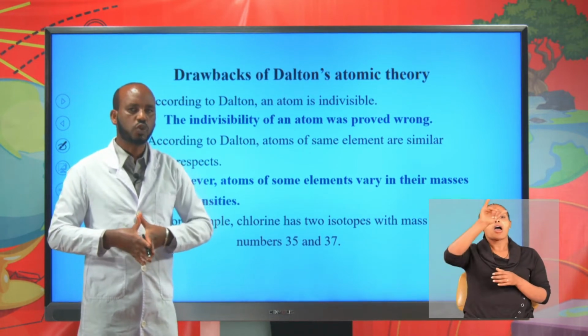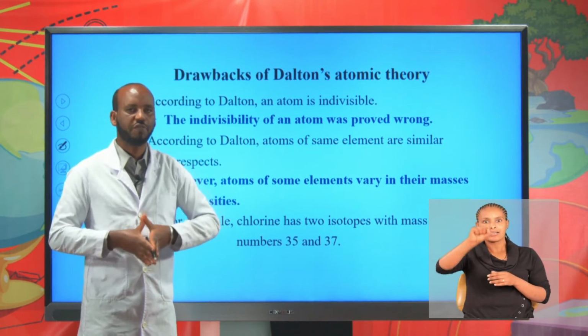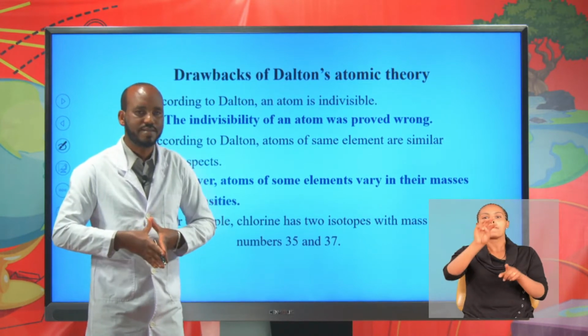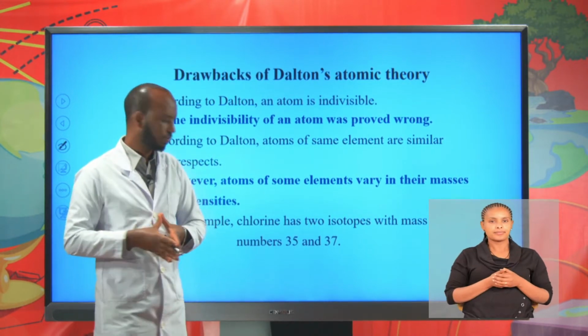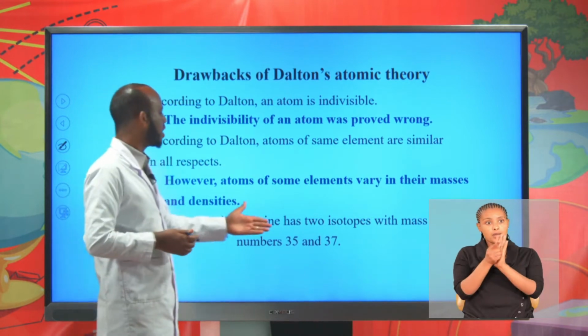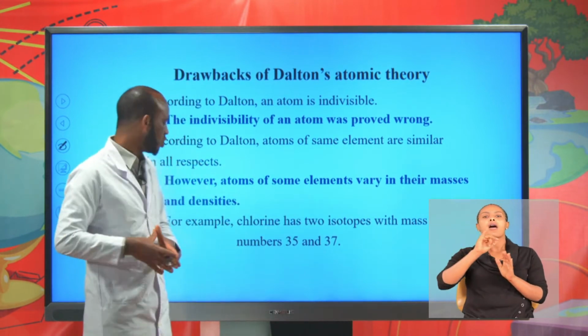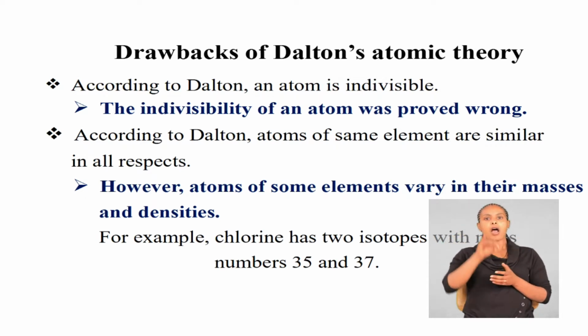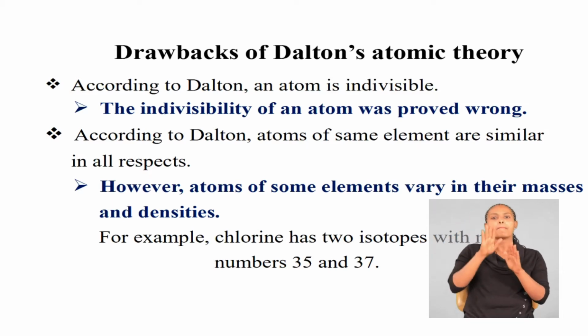Isotopes are atoms of the same elements which have the same atomic number but different mass number. For example, chlorine has 2 isotopes with mass numbers 35 and 37. Isotopes were not known by John Dalton.